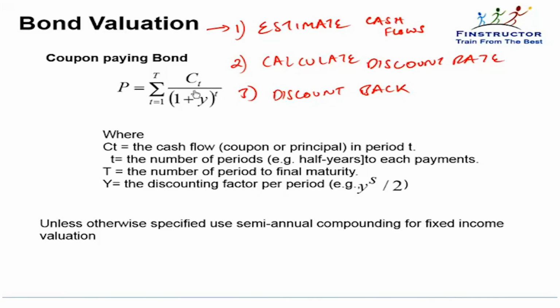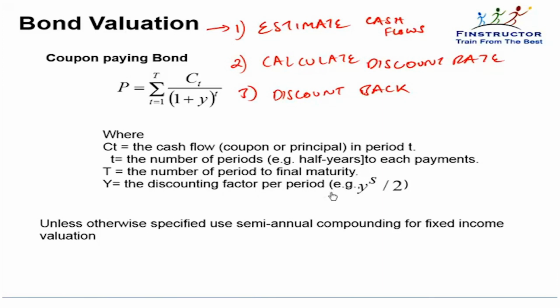Cash flows coming further out will be less valuable and will be discounted more. So CT is the cash flow in a particular period. Small t is the particular period. Capital T is the number of periods to final maturity. Y is the discounting factor per period.